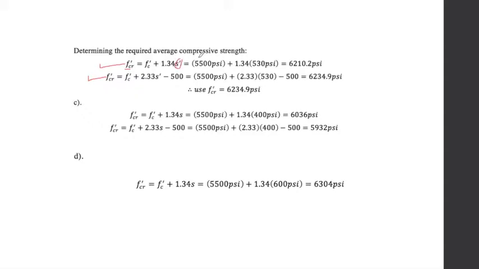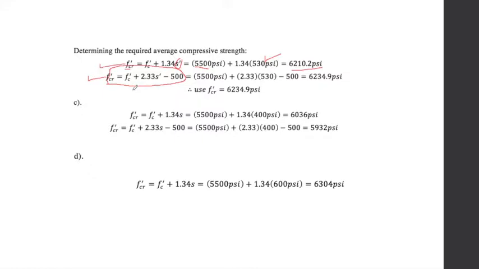We know from the question that the specified compressive strength is given as 5,500 psi, plus 1.34 times the modified standard deviation, which, as I just mentioned, has been found in the previous slide as 530 psi. The value is 6,210.2 psi.